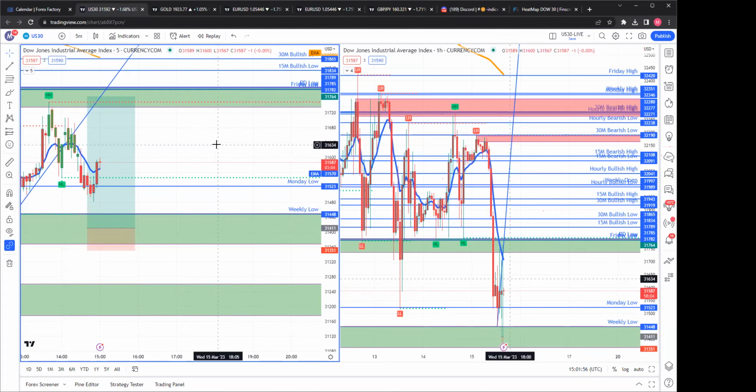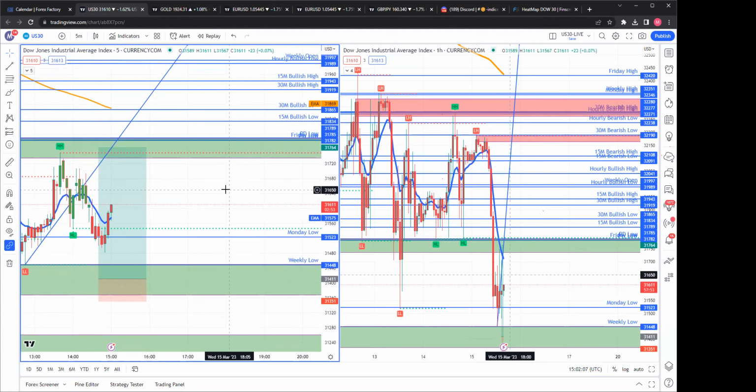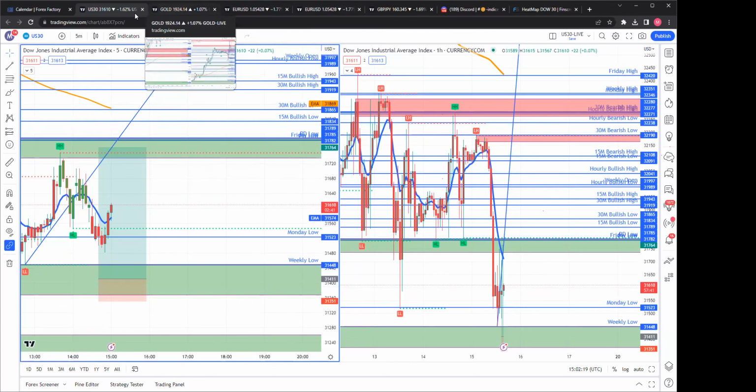So as much as we have a lot of lines on our charts, forget about the lines that are away from where price is. Let us focus on where the lines are. And once you do that, automatically you'll get used to it and you won't even be seeing these other lines when you're trading.